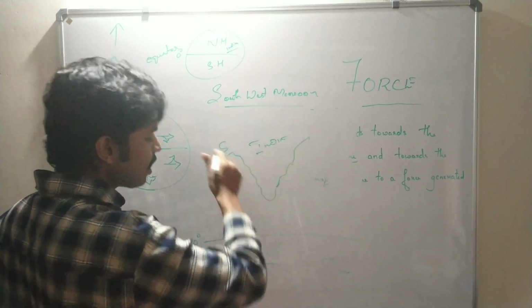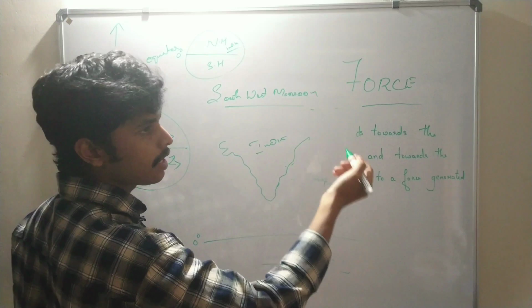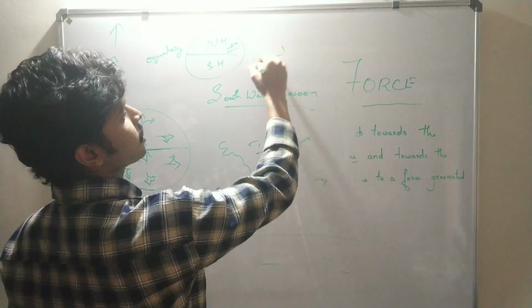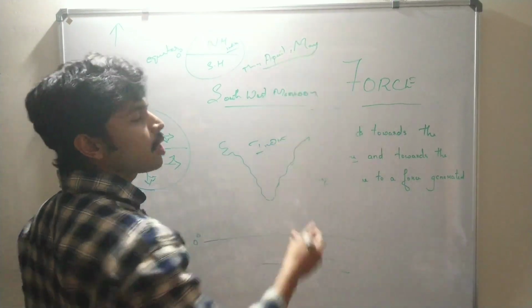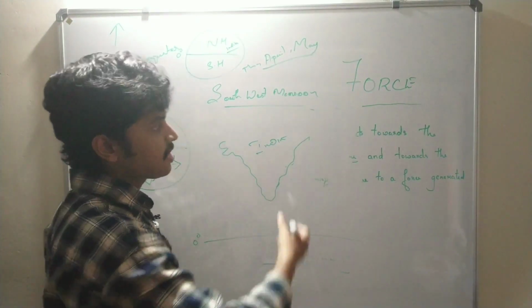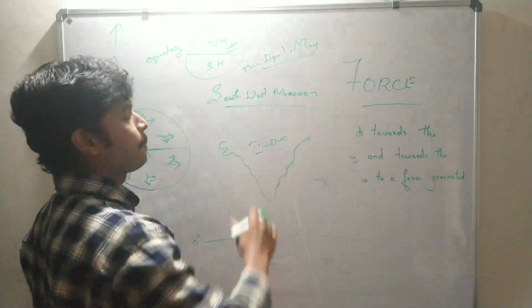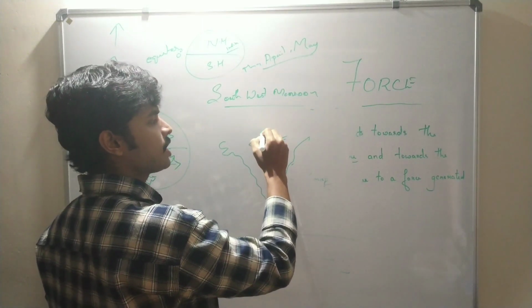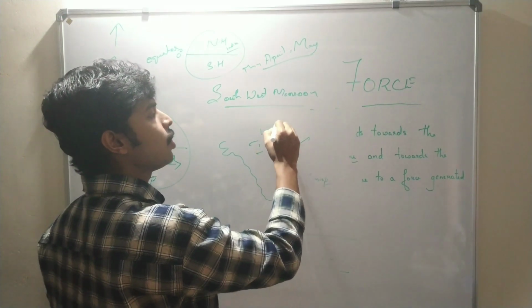Okay, during the period of March, April, May, there will be an intense heat experienced in India during the time of April, May. So we know that the landmass of India will be experiencing low pressure.